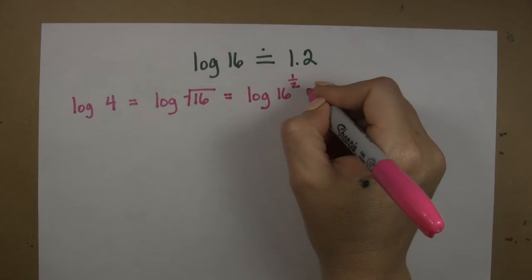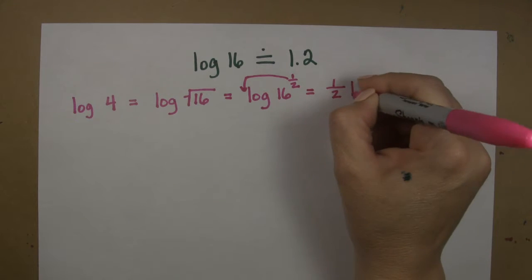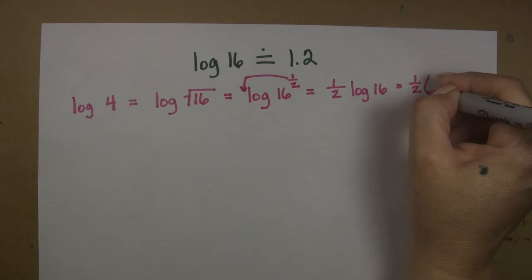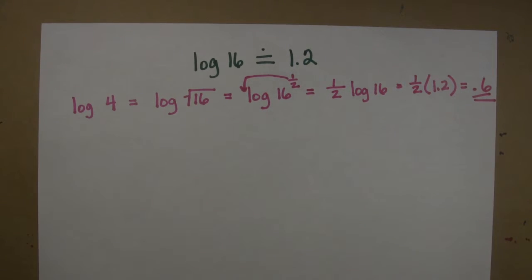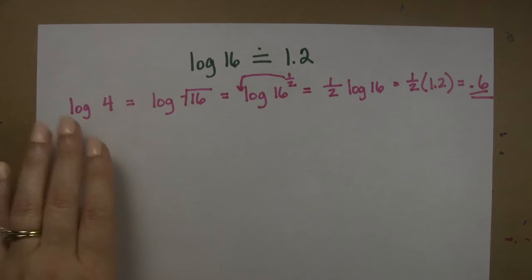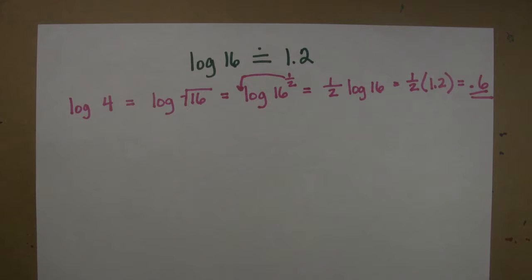And then I can use my birdie rule to do 1/2 log 16, or 1/2 times 1.2, so I get 0.6. So I was just able to calculate the log of 4 with only knowing the log of 16.